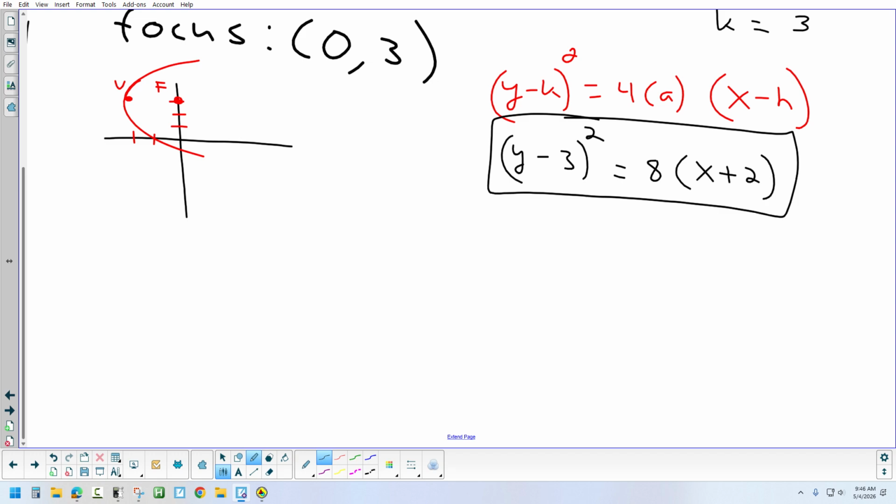Okay. If we wanted to graph it, we could distribute out the 8 on the right, take the square root, and then add the 3.